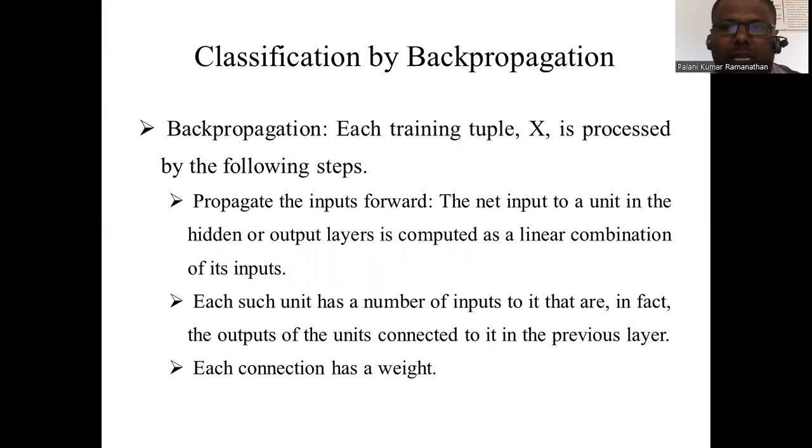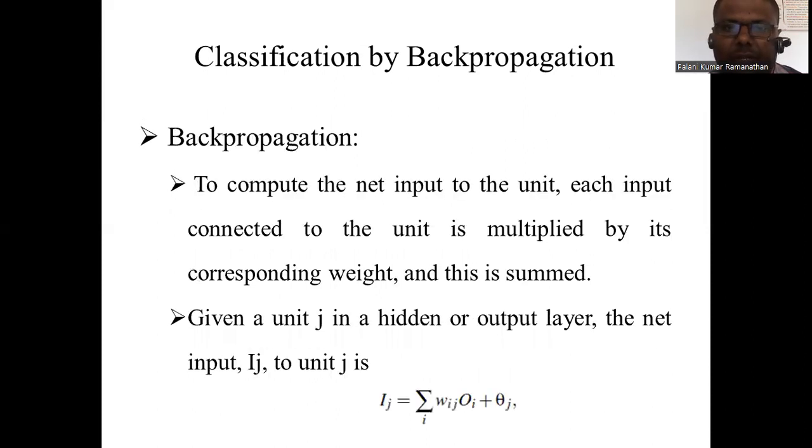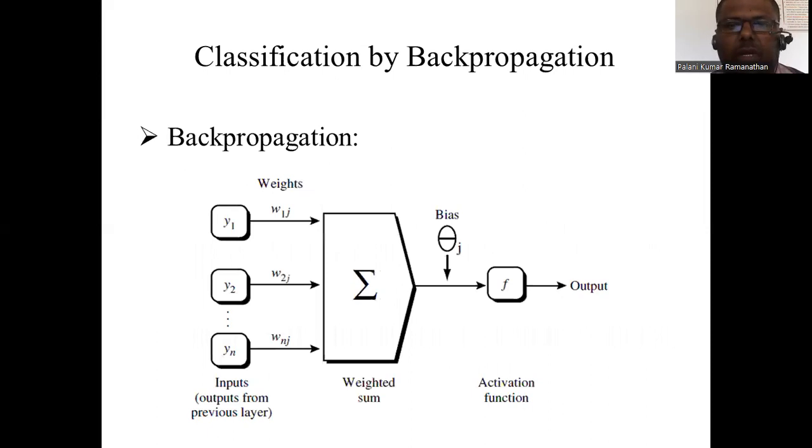Here it gives the detailed steps. The net input to a unit in the hidden or output layer is computed as a linear combination of its inputs. Each such unit has a number of inputs that are in fact the outputs of units connected to it in the previous layer. Each connection has a weight. So Ij equals the summation of weights times the outputs of the units.